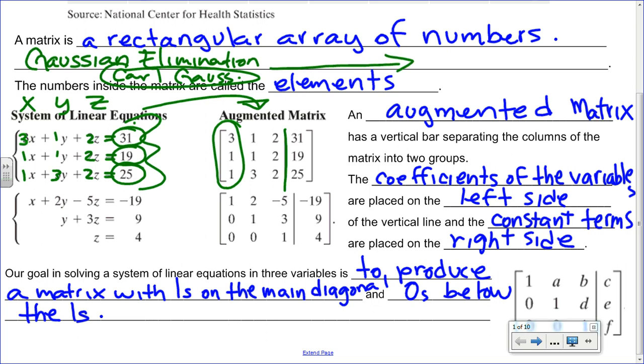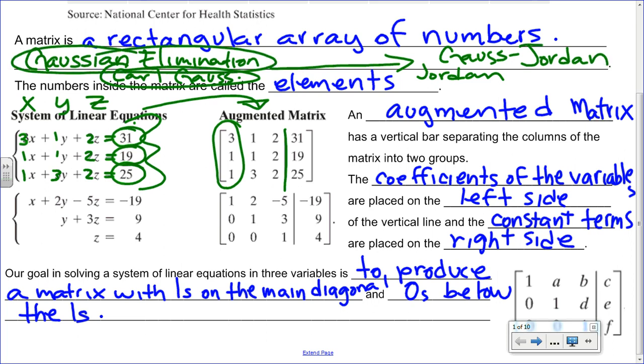He got together with this other guy, last name Jordan, and then they created the Gauss-Jordan elimination. So it is like an improved version of Gaussian elimination.